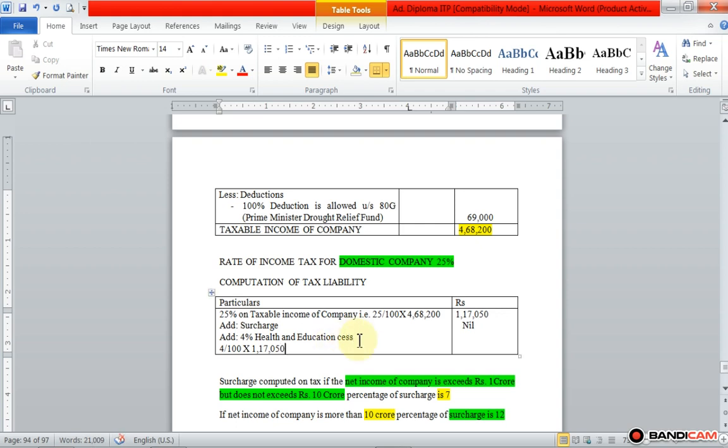It is compulsory for all, health and education cess. So we compute the cess, that is 1,17,050 into 4%, that is 4,682.